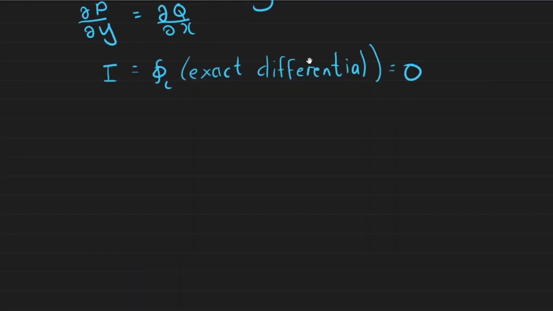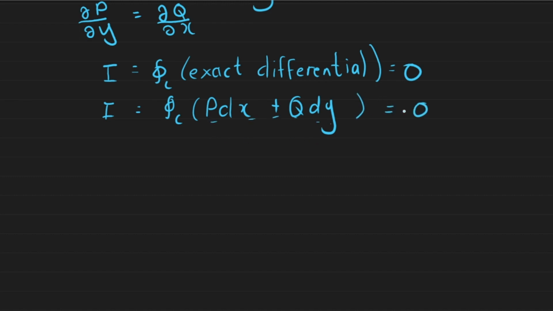So let's just rewrite this into a way that we understand it. It means that if we integrate around a closed boundary of a curve of p dx plus q dy, and p dx plus q dy is an exact differential, then we should get 0. I think this point is most easily illustrated through an example.